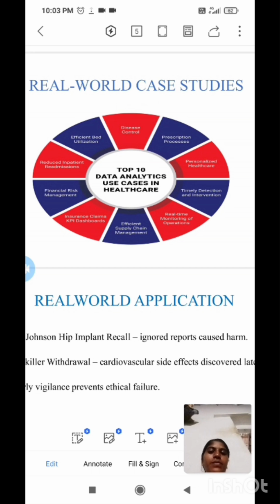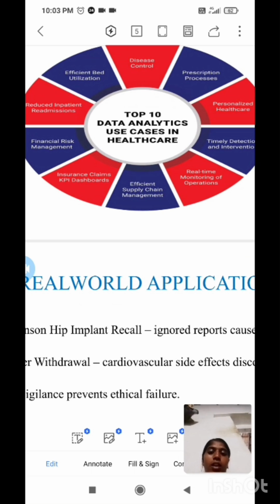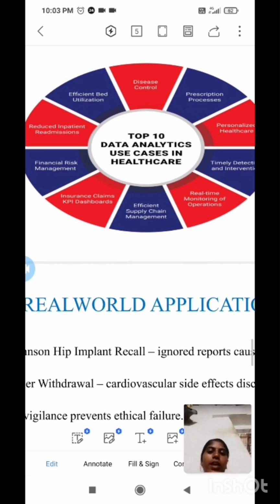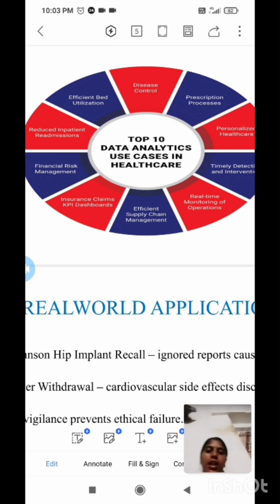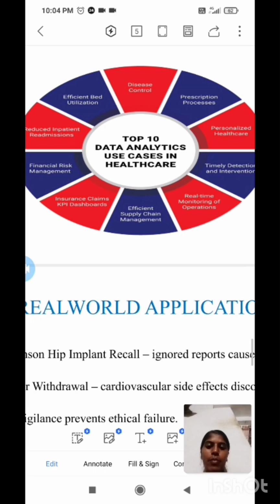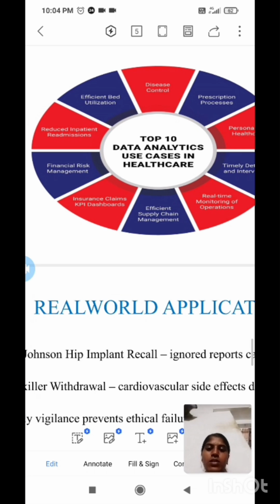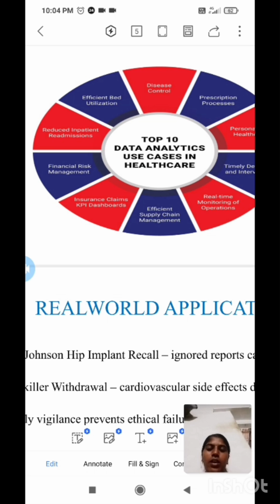So, real world case studies. Next, PMCF mainly focuses on real world case studies. The real world case studies have a top 10 of data analysis and cases in healthcare: how we can identify healthcare real time data, disease control, prescription process, personalized healthcare, timely detection and interventions, real-time monitoring of operations, efficient supply chain management, insurance claims, and financial risk management, reduced inpatient readmissions.